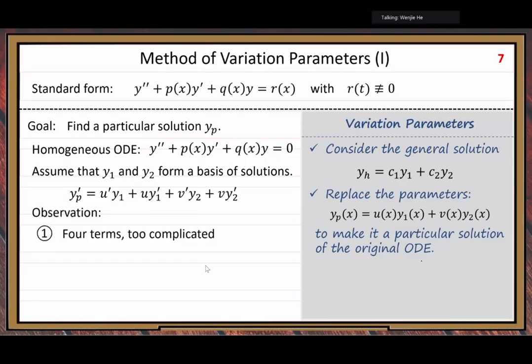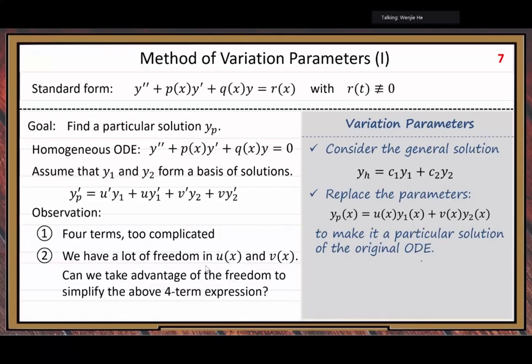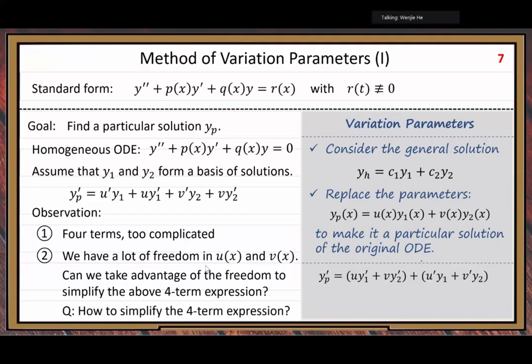Four terms here is too complicated, so now we want to simplify it. We simplify the 4-term expression and try to make two terms cancel out each other. How to simplify it? Let's group them.